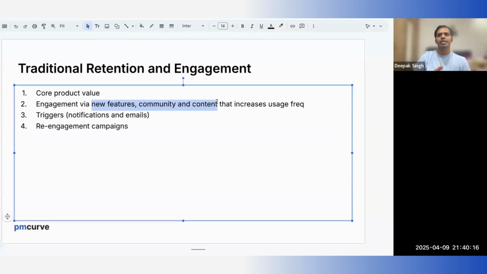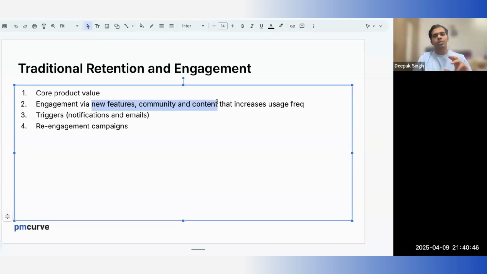Suppose you are creating a podcast app. The natural frequency for people who travel to work in their car could be daily. The natural frequency for people who don't drive their own car, but occasionally listen to podcasts on weekends, could be weekly and all that. And your goal as a PM in retention is to make sure your engagement frequency is closer to the natural frequency of the need.